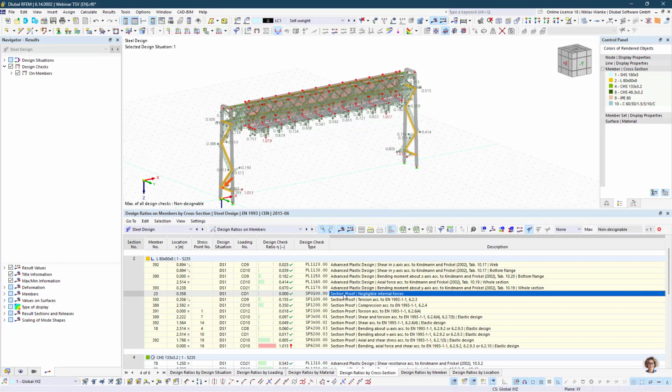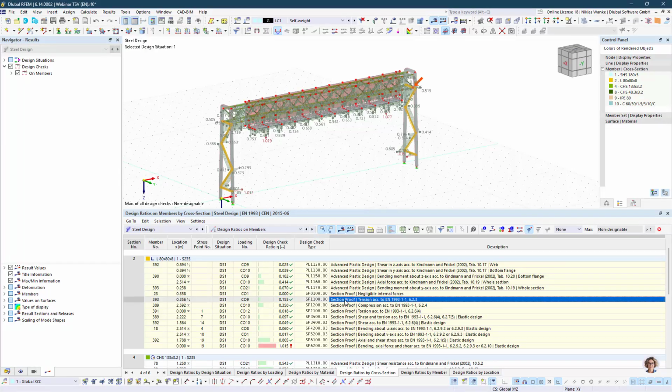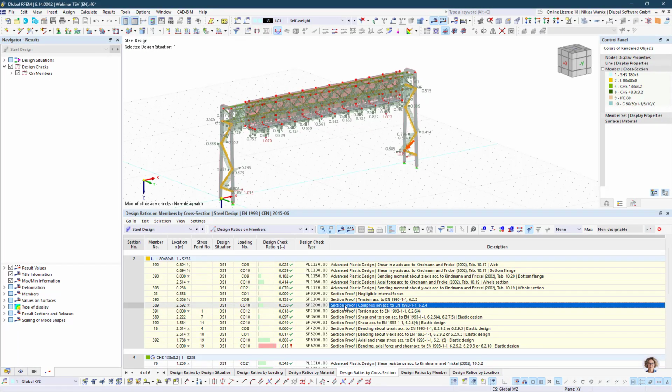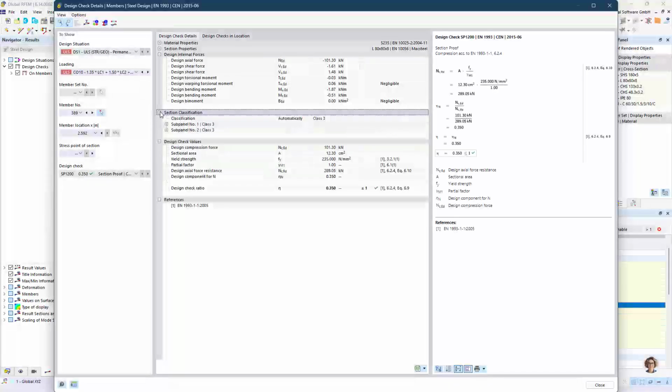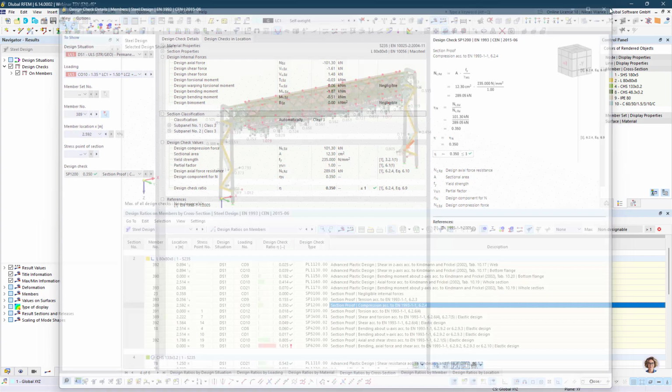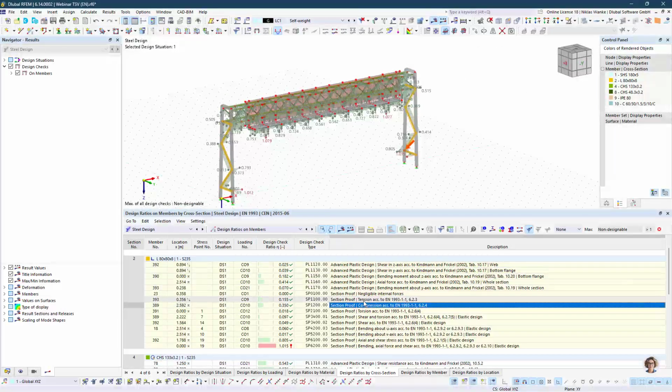The reason is that such an angle profile is always cross-section class 3 or 4. So if we go to the design check details, we can see it's classified as class 3, and in this case, the PIFM cannot be used. So RFEM 6 automatically switches to the EC3 design checks, which is a good thing in my opinion.